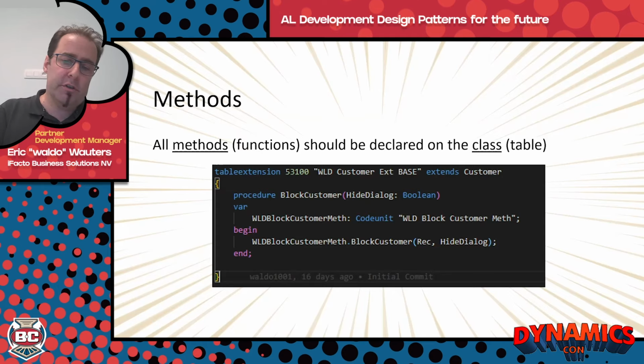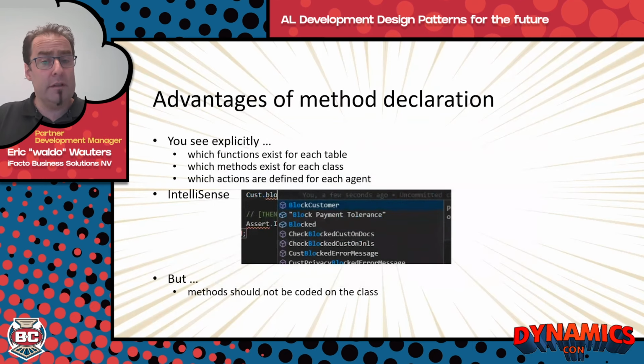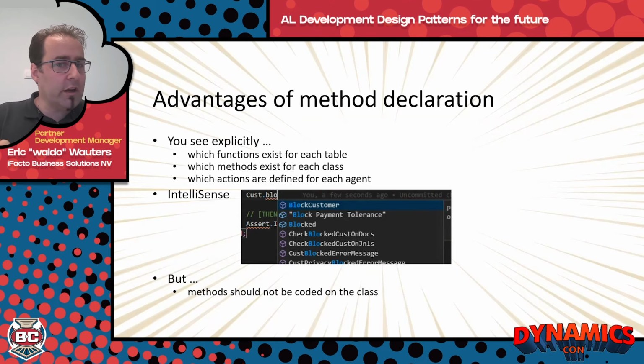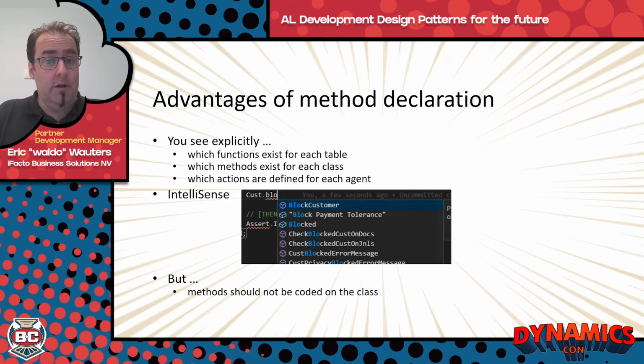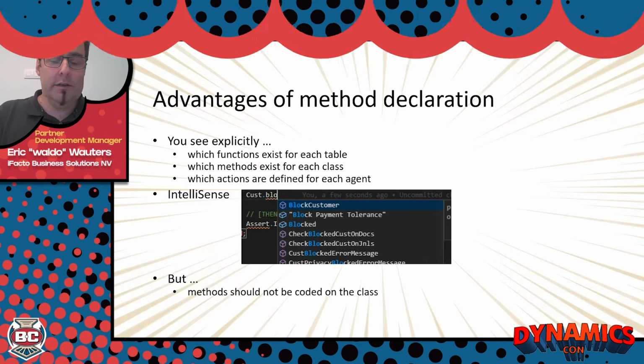It's basically just a way for us to be able to call the method of a certain class or to call the function of a certain table. IntelliSense will tell us what can I do with this record? There is a customer, I can block it. That's information that you have if you implement it this way.